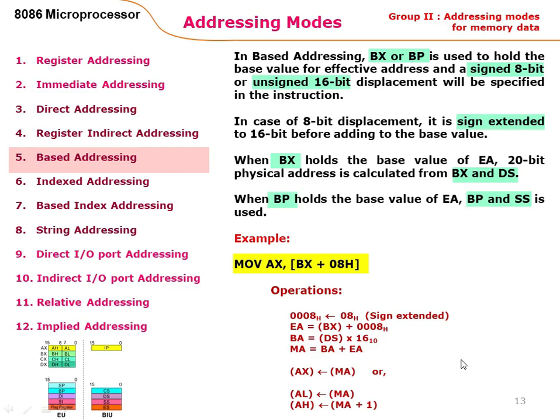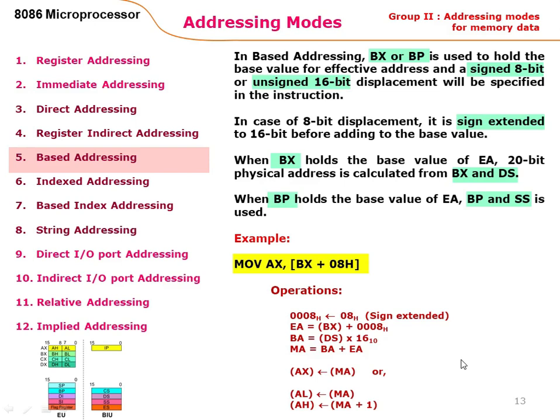In the based addressing mode, the base register BX or base pointer register BP is used to hold the base value of the effective address, and an 8-bit signed or 16-bit unsigned displacement is specified in the instruction. In the case of 8-bit displacement, it is sign extended to 16 bits before adding to the base value.